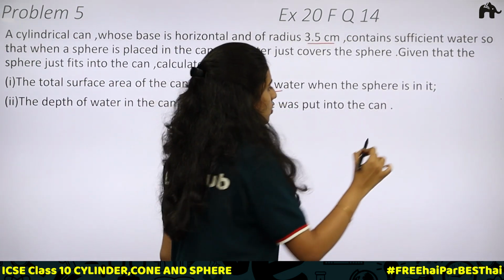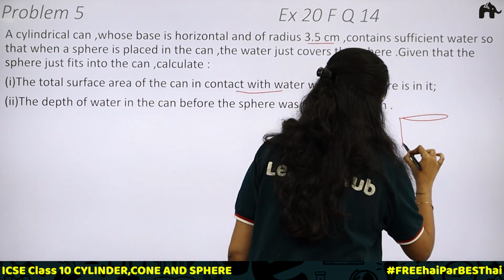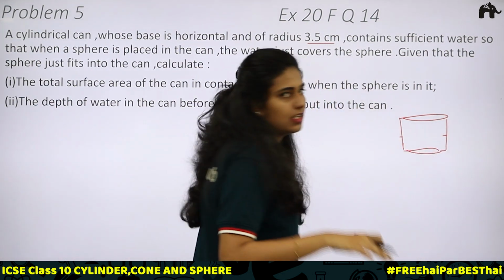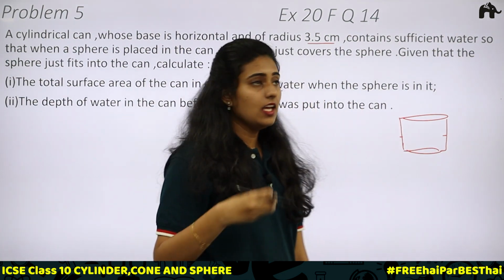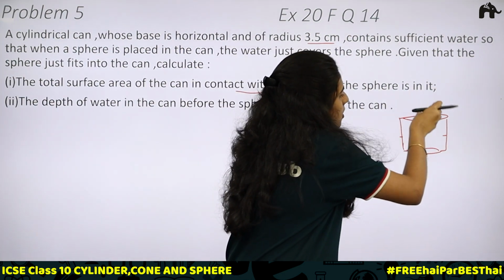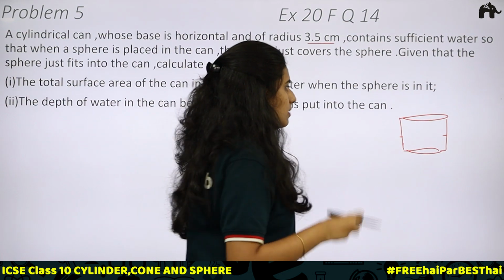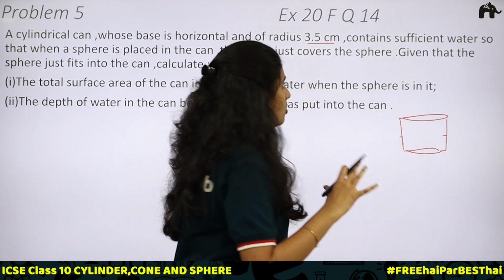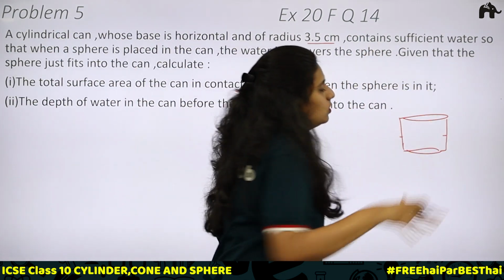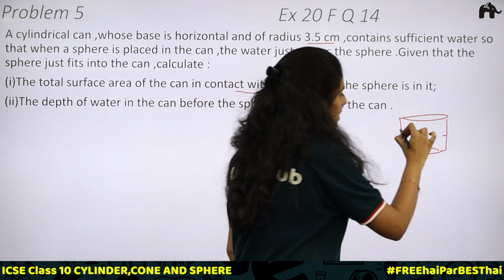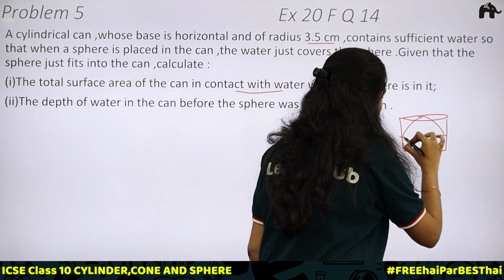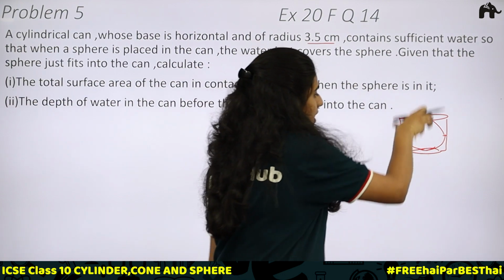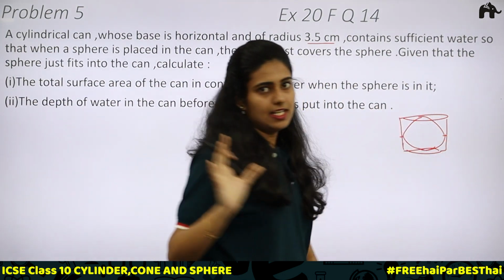We know that when you take a can and fill it with water up to some point, and when some solid is added to it, like a stone, the water level keeps rising. Here, a sphere is put into this can such that the sphere will completely fit inside the cylindrical can.